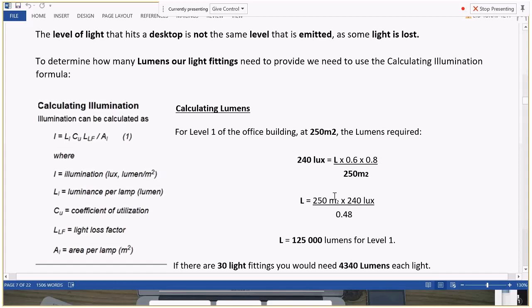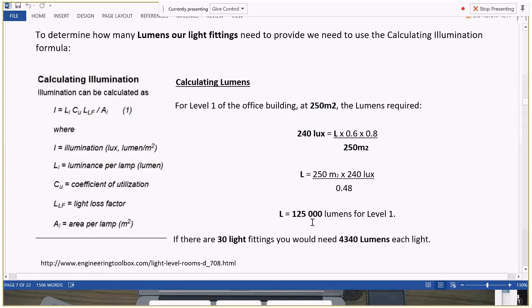But we're certainly not expecting you to understand algebra and equations. That's all done for you. The only bit you have to do is 250 times 240, then divide that by 0.48, and all of a sudden we get 125,000 lumens required.